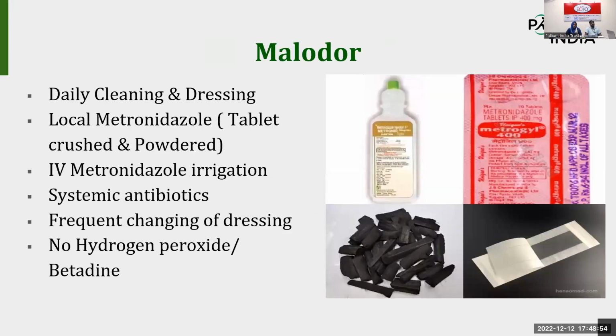Then if the wound has malodor, do daily cleaning and proper changing of the dressing. If there is a foul smell, we can use local metronidazole tablet in crushed, powdered form.